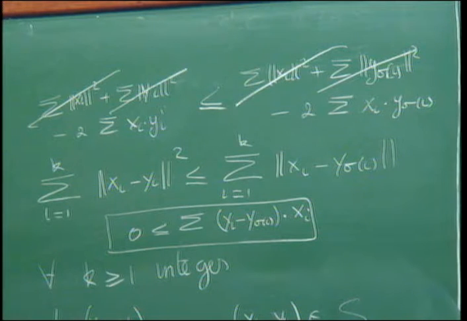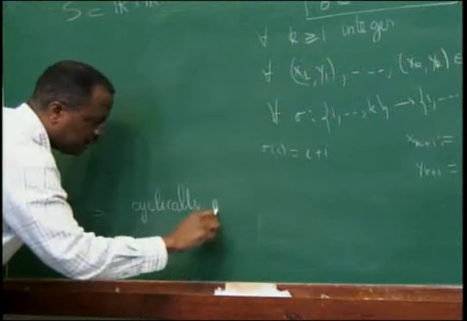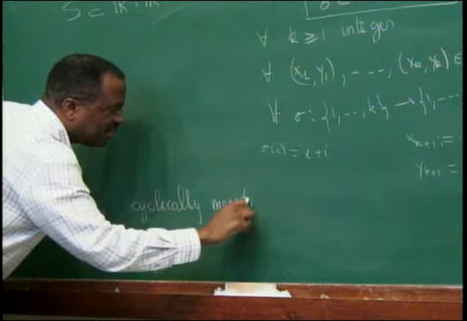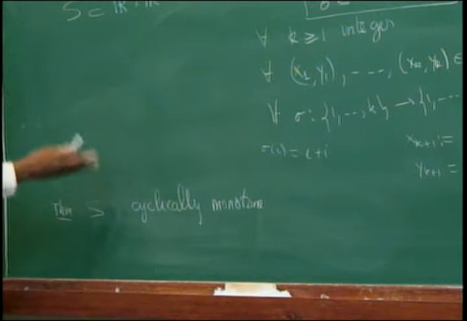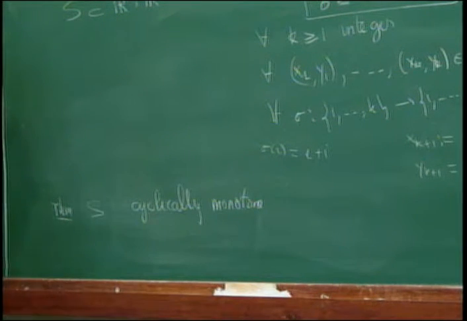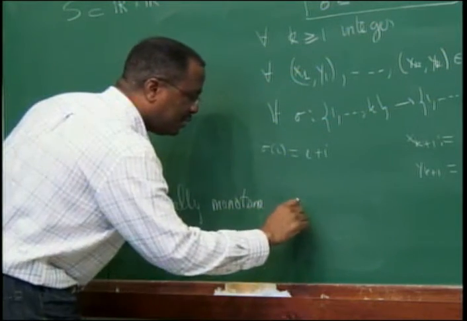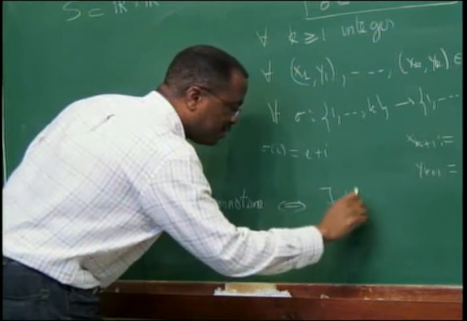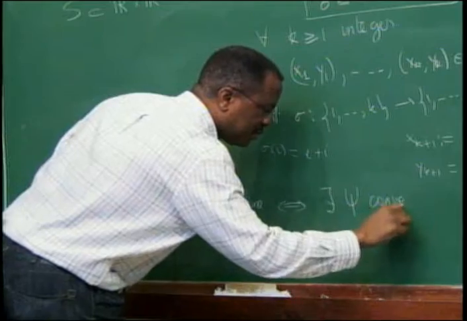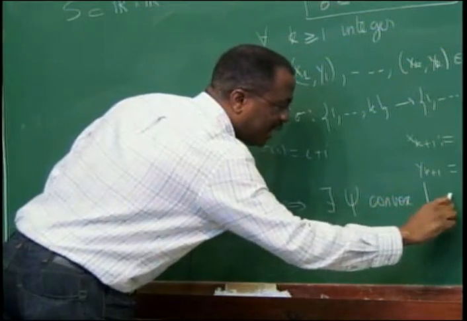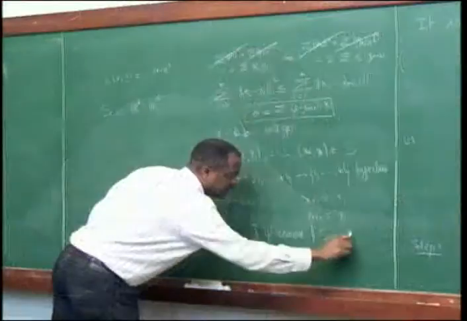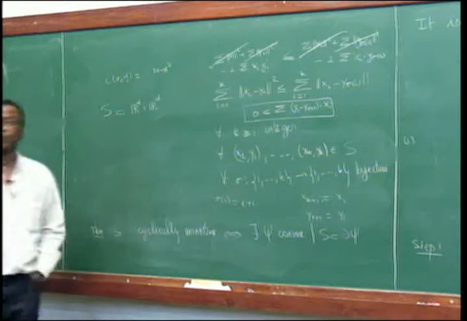So here's his theorem. S is cyclically monotone. When c is the squared distance, he called it cyclically monotone, if and only if there exists phi convex, lower semi-continuous, such that S is in the subdifferential of phi.